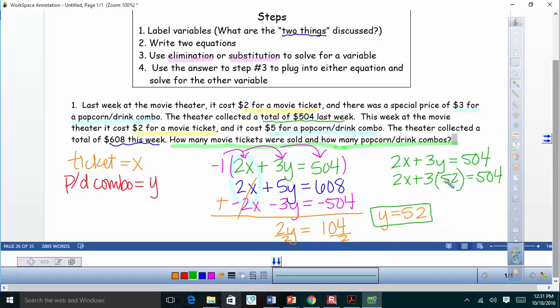So I'm going to multiply 3 times 52. 156 equals 504. Okay? Then we're going to subtract 156 from both sides. That gives me 2x equals, what is 504 minus 156?